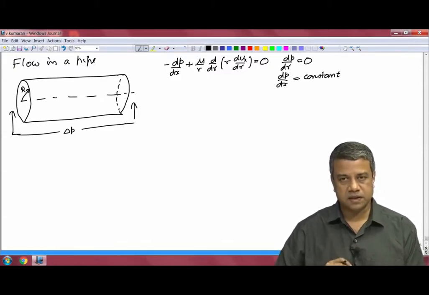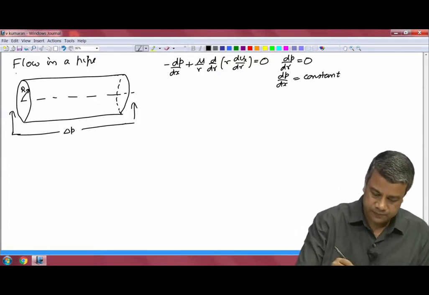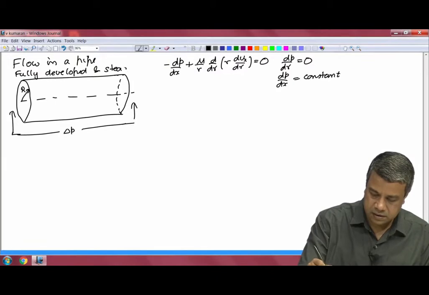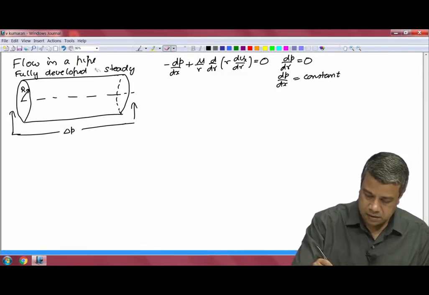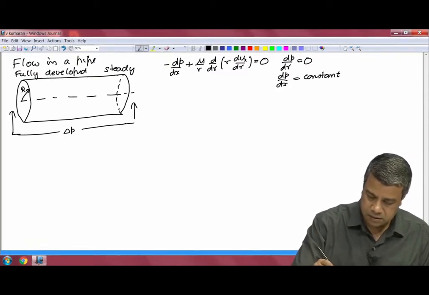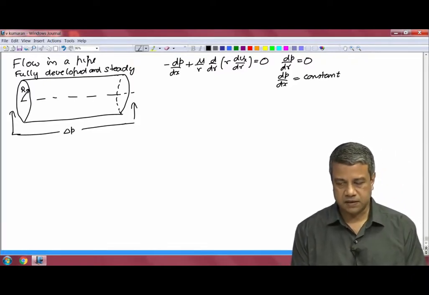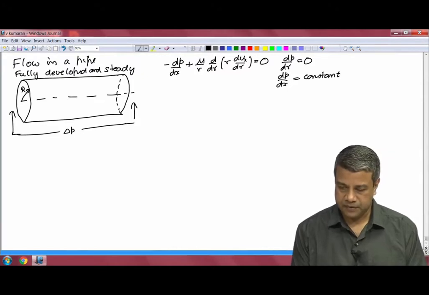Vx is independent of x for a fully developed and steady flow.